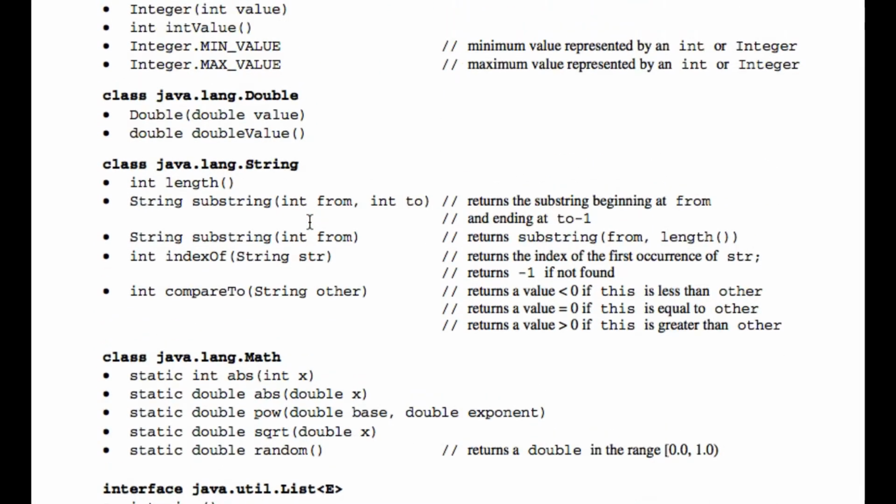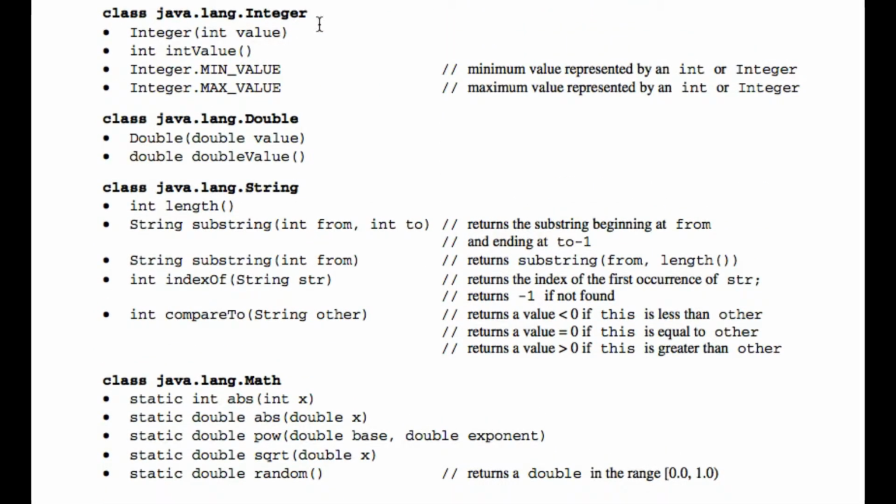So next up is the Integer class, right? This is the wrapper class for ints. Remember, ints are primitives like doubles and chars and booleans, but you can wrap an int in the Integer class, which is a full-fledged Java class. Here's the constructor for Integer, which takes in an int value and wraps it in the class.